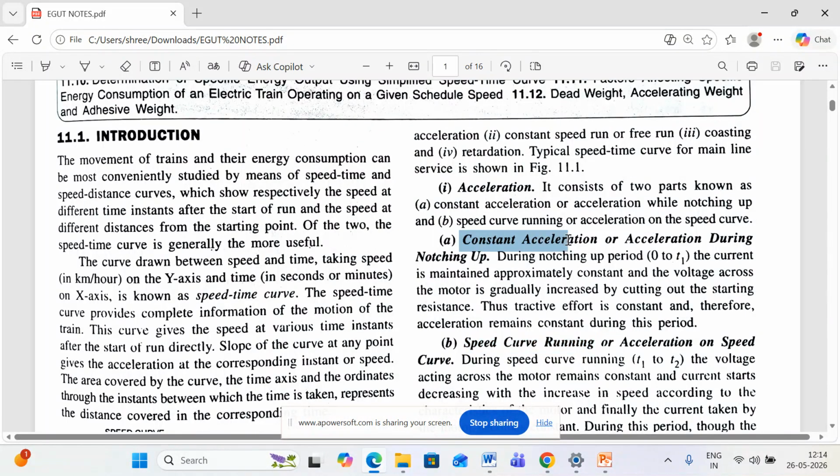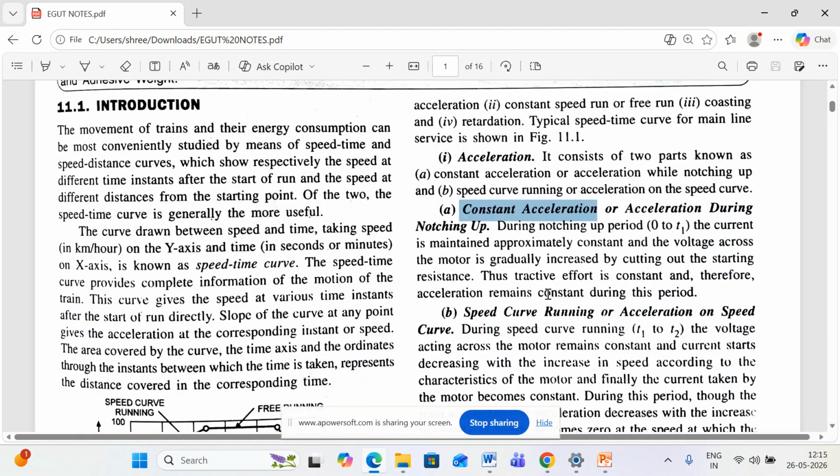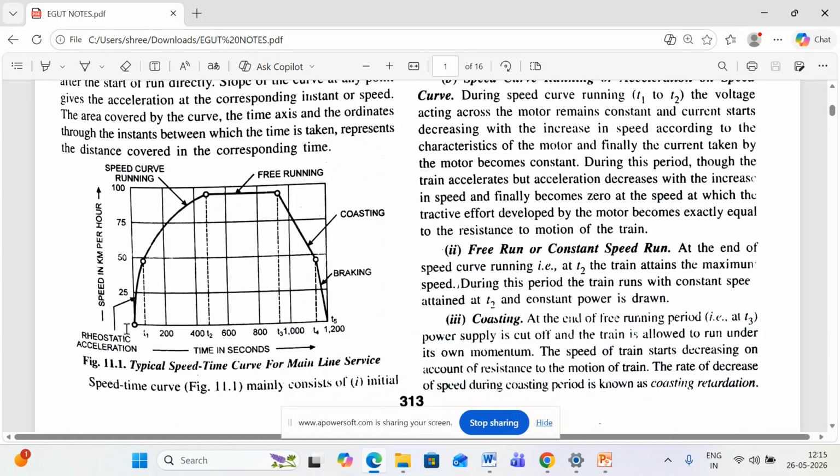As we know, when we start a car or maybe a bike, it is in the first gear. It is the initial phase, during which the vehicle accelerates, and the vehicle moves with a constant acceleration.